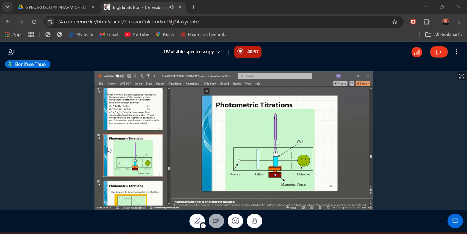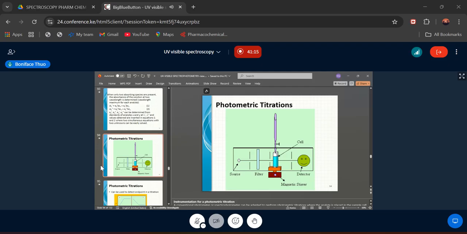Then, in addition to that, we said that UV visible spectroscopy can be used to detect the endpoint during titration. Okay, that's what we call photometric titration.